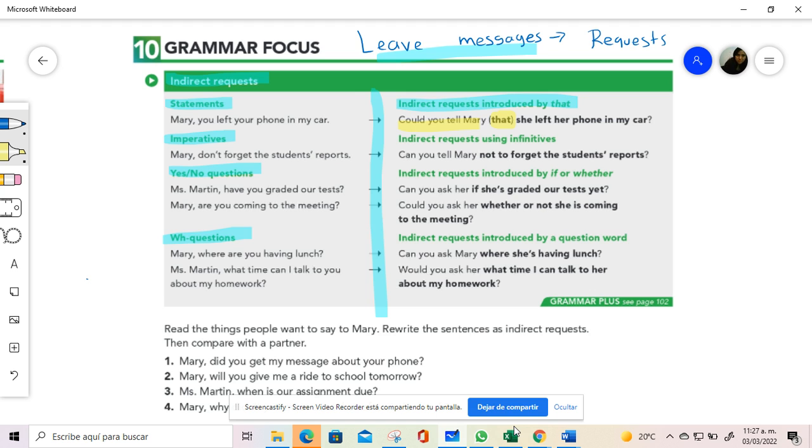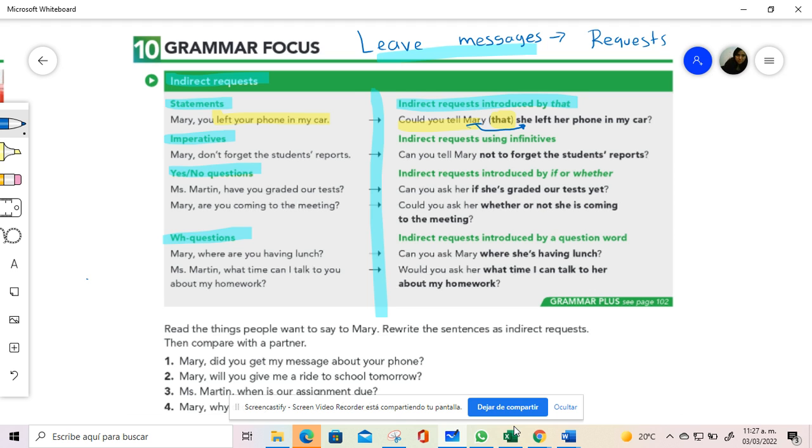We can say, could you tell Mary that she left her phone in my car? So we are using only this part. We mention the name, that in this case is Mary, and that, as I mentioned, is optional. Could you tell Mary that she left her phone in my car?